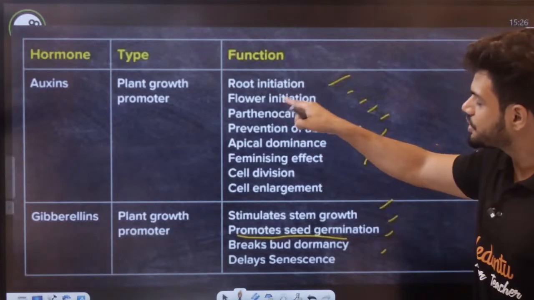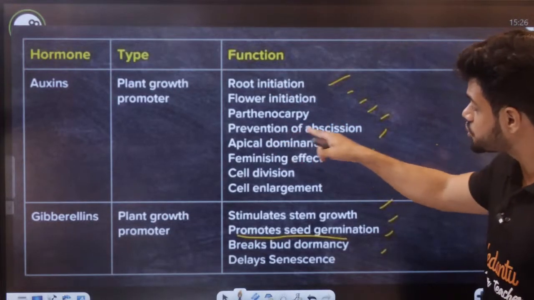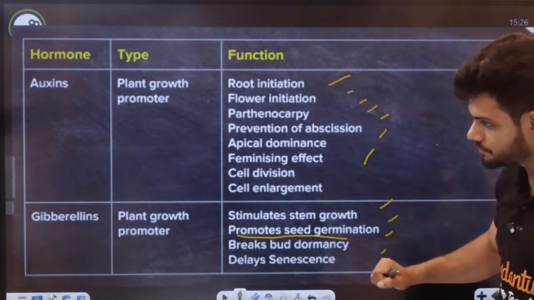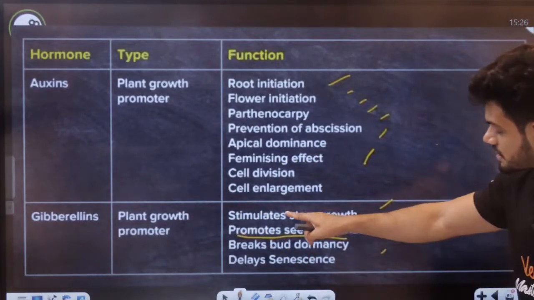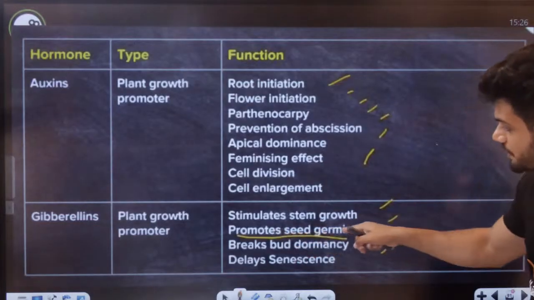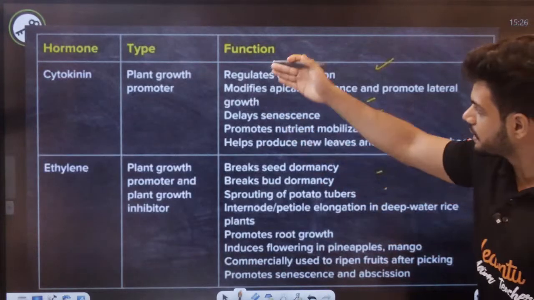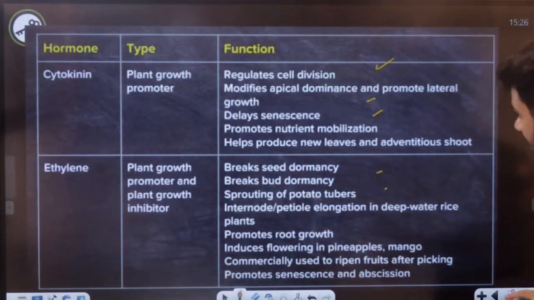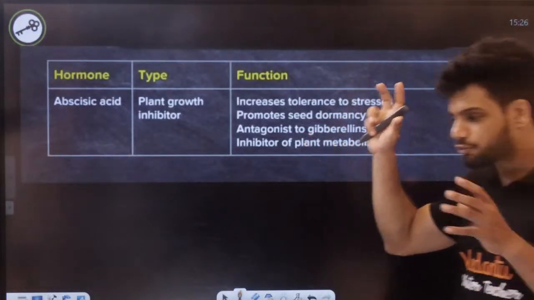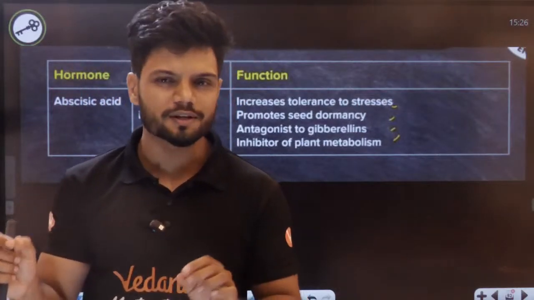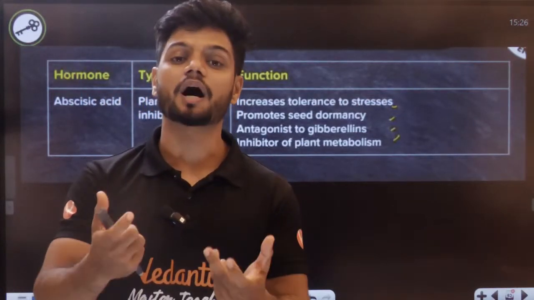Auxins: root initiation, flower initiation, parthenocarpy, prevention of abscission, apical dominance, feminizing effect, cell division, cell enlargement. Gibberellic acid: stimulation of stem growth, promote seed germination, break bud dormancy, delays senescence. Cytokinins, ethylene, and abscisic acid. If you have this entire list, you can solve the majority of your questions from this chapter about hormones.